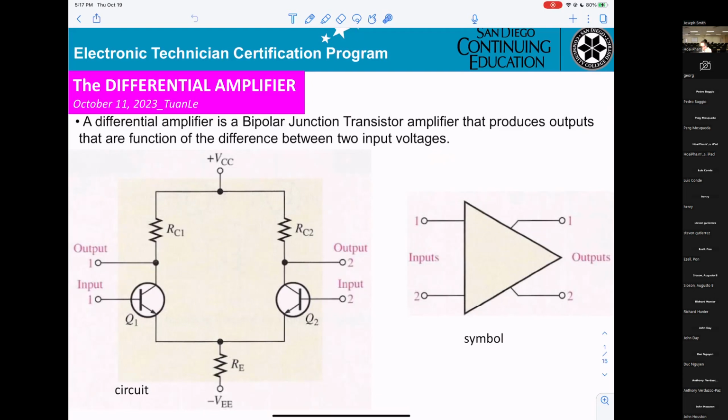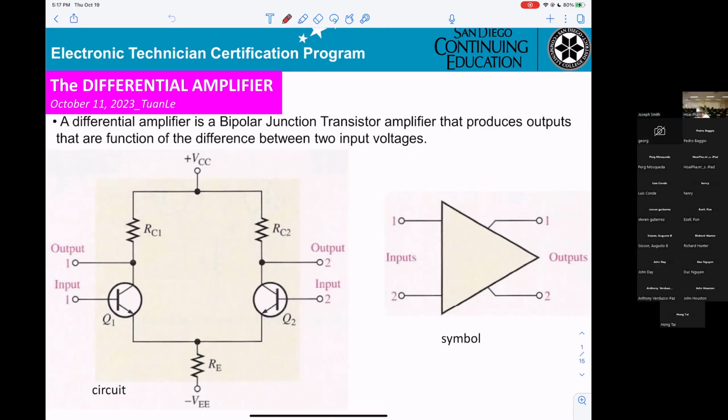So now if I apply a sine wave at input 1, and input 2 grounded.